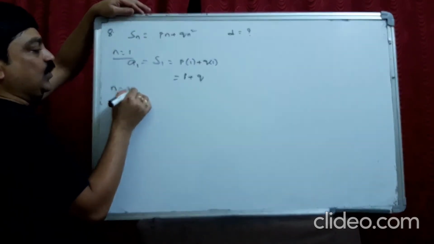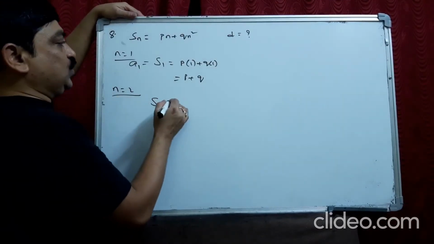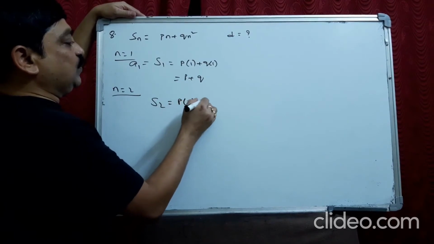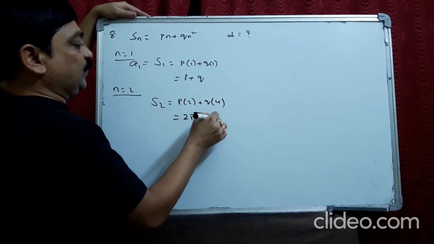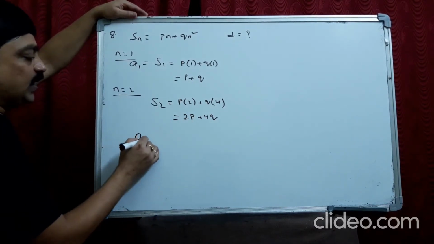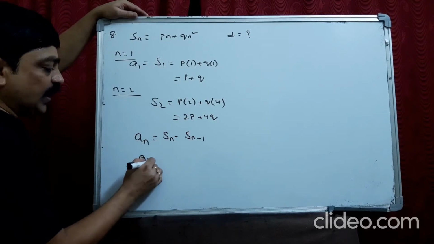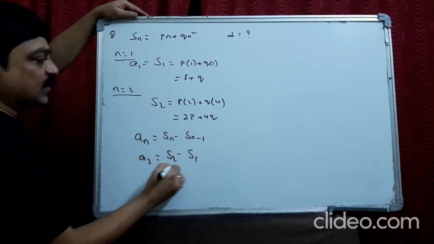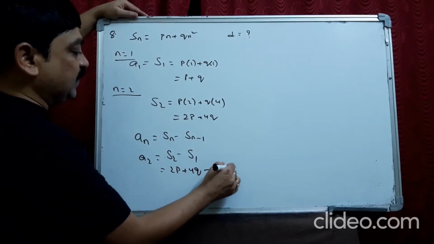And if you take n equal to 2, you get S2, that is the sum of first 2 terms. S2 will be equal to P into 2 plus Q into 4, so 2P plus 4Q. But we have a formula to find an, which is Sn minus S(n minus 1). So a2 will be equal to S2 minus S1, 2P plus 4Q minus (P plus Q).